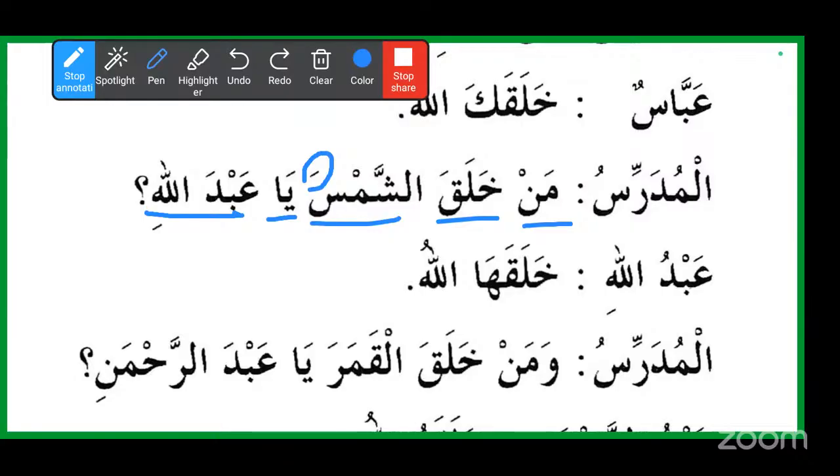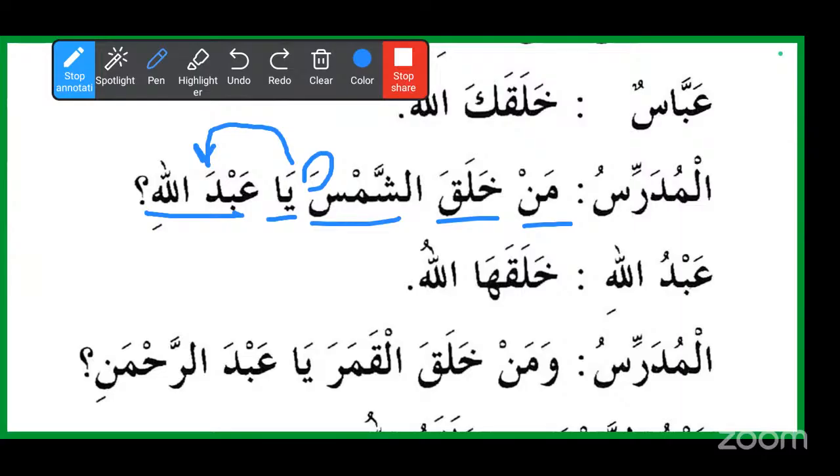But here, when you say ya, after ya, the first part of the noun gets a fatha. Ya Abdullah. Not Ya Abdullahi. Not Ya Abdillahi. But Ya Abdullah. So, Man khalaqa shamsa Ya Abdullah. Who created the sun, O Abdullah?